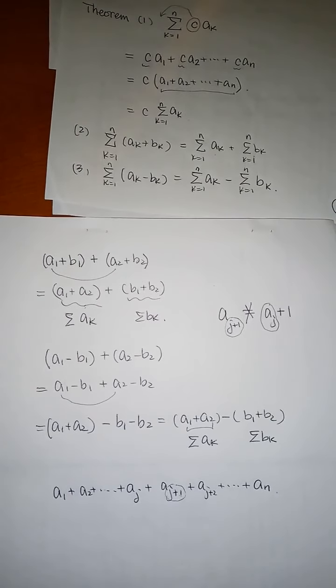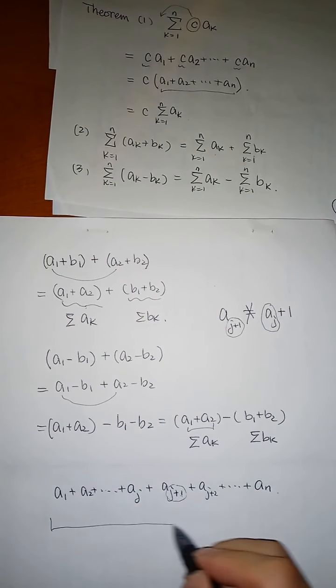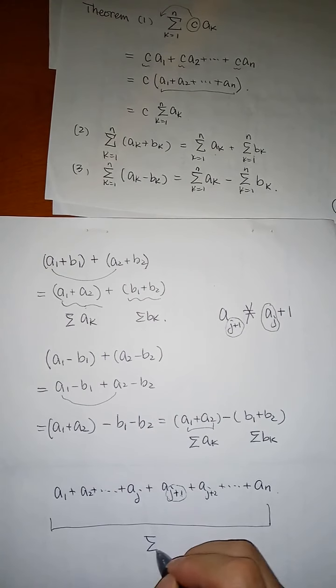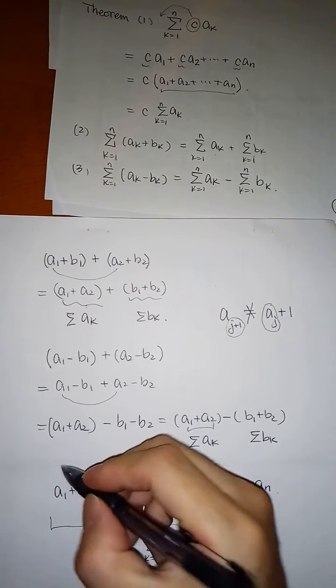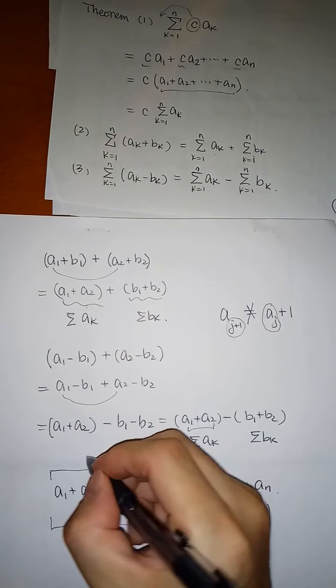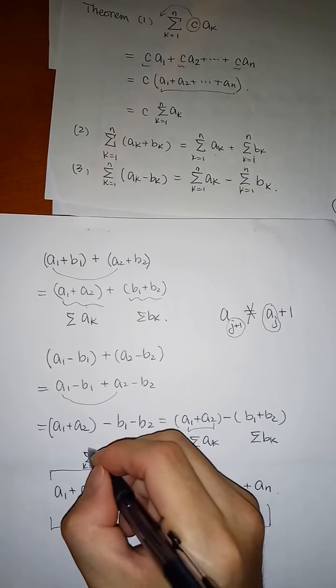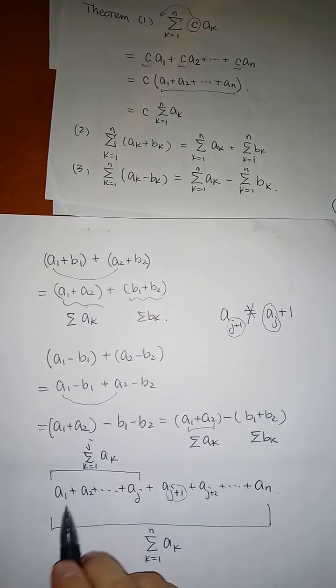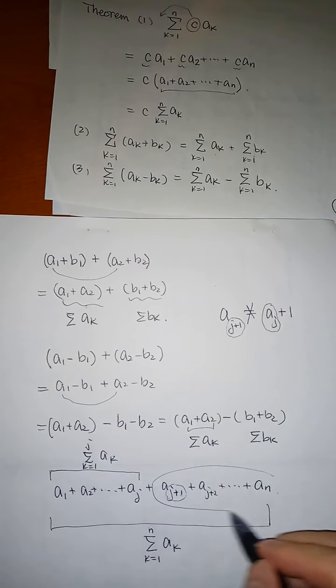So what is a property? Here is the sigma AK, K from 1 to N. Here is a sigma AK, K from 1 to J, from first index to the last index. So the difference of these two sigmas will be the sum, let's see, what is the sum?